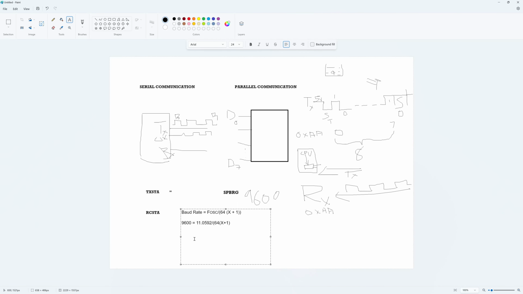We need x equal to 11.0592 into 10 raised to 6.